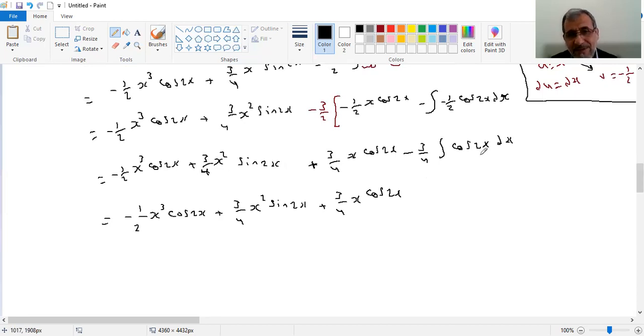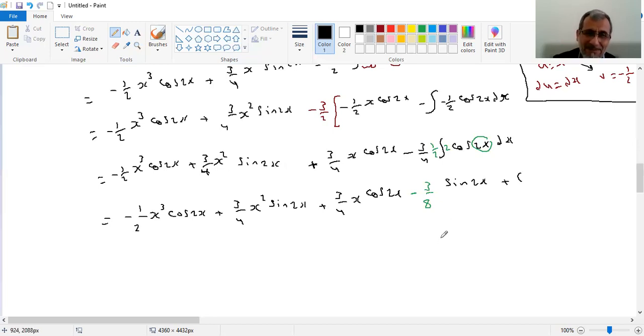The integral of cosine is sine, but there is the derivative of the angle 2, so we have to divide by 2. So now the integral of cosine will be minus 3 over 8 sine 2x plus c.